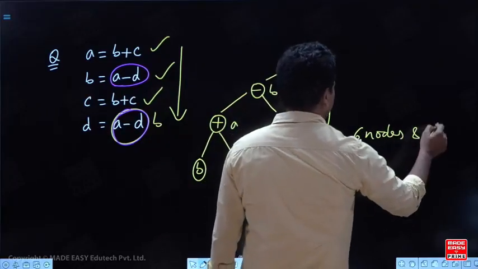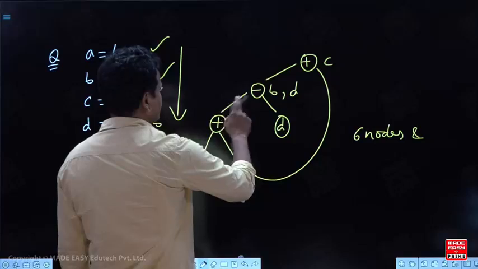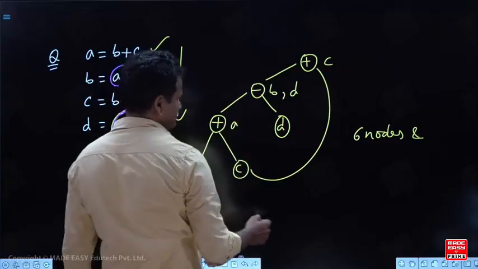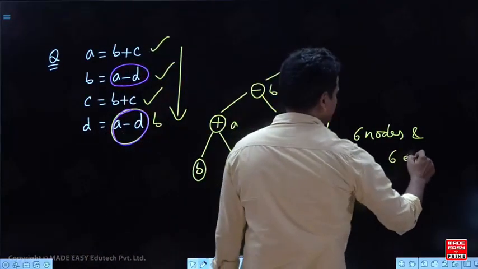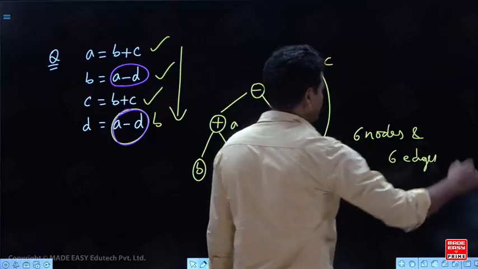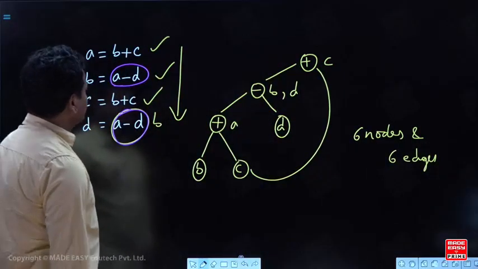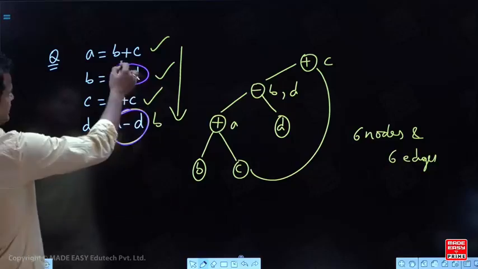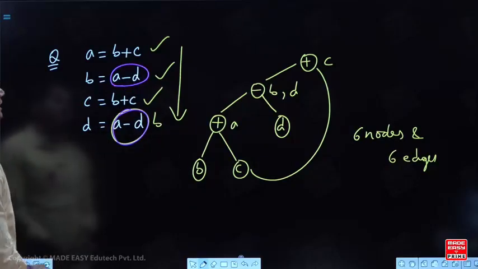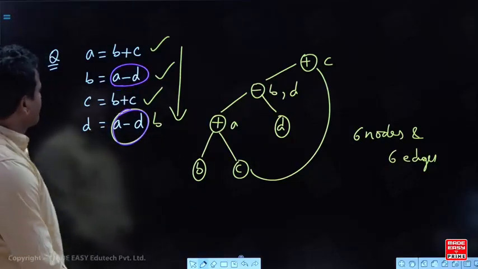And how many edges? 1, 2, 3, 4, 5, 6. 6 nodes and 6 edges. So whenever you are doing this, just identify the common sub-expression. Yes, common sub-expression is there here and here. Okay, do you understand?